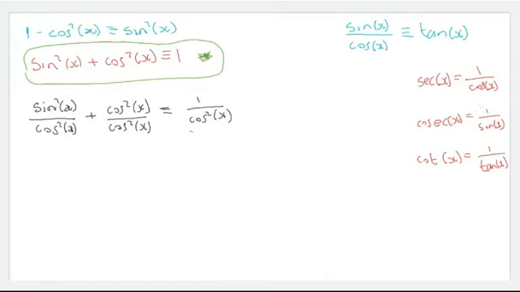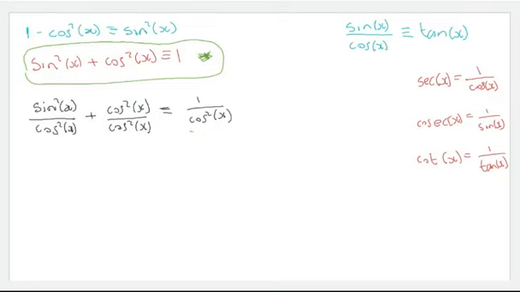That should be our first step. Is that okay? Yeah. Cool. Kieran, how's that for you? Yeah, that's good so far.